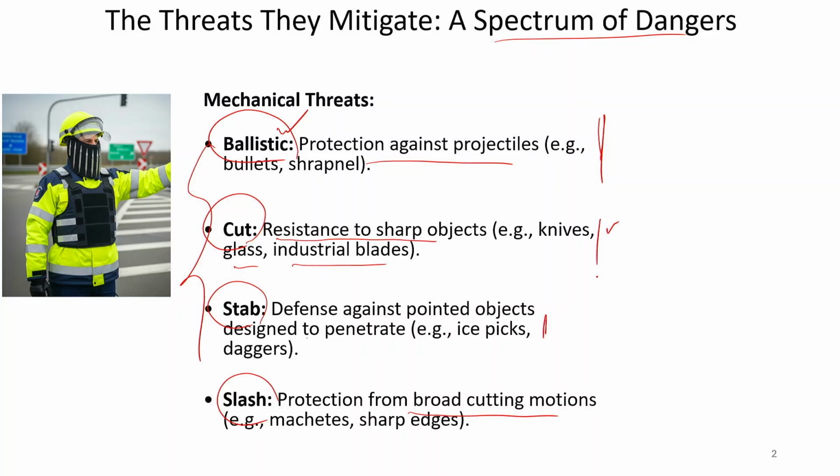So, very sharp, very fast cutting motion is there, which is known as the slash type of threat, like sharp edges, machetes. So, all these things are there, that we will discuss each and every threat separately.